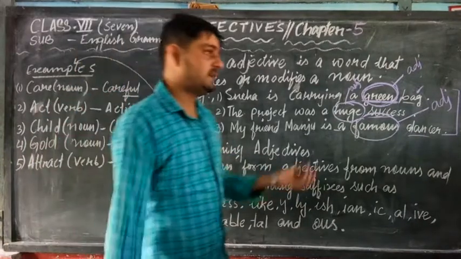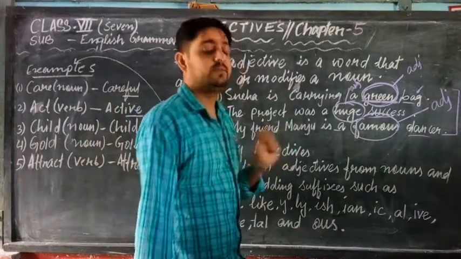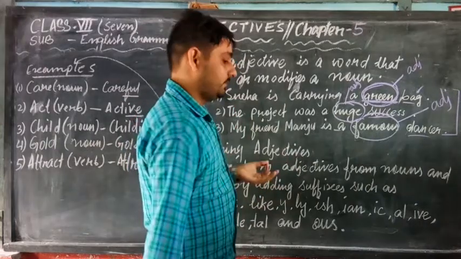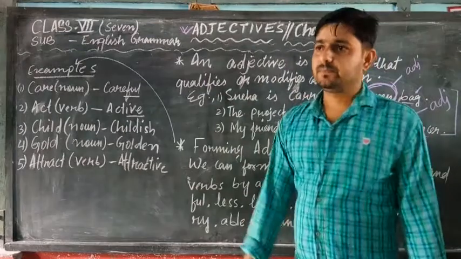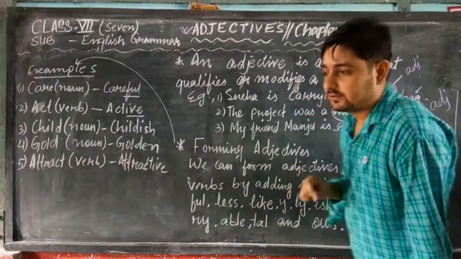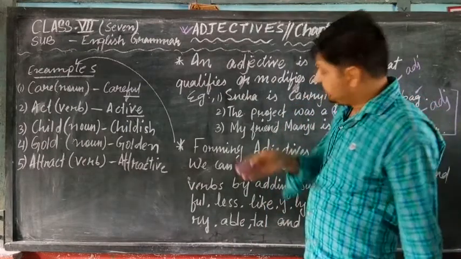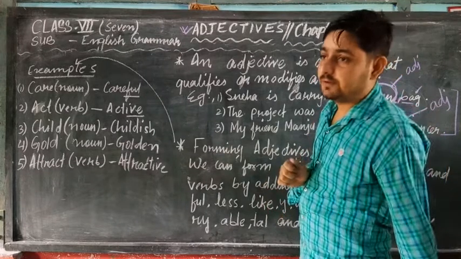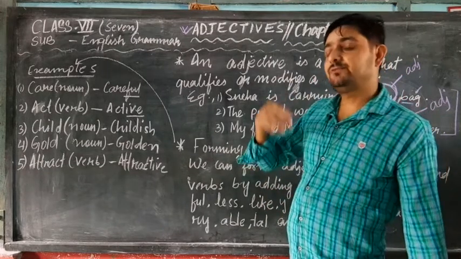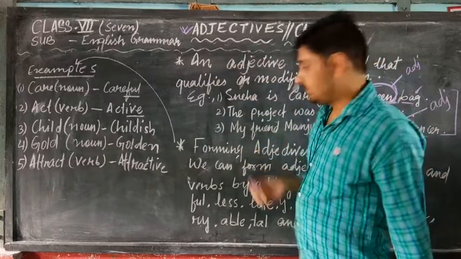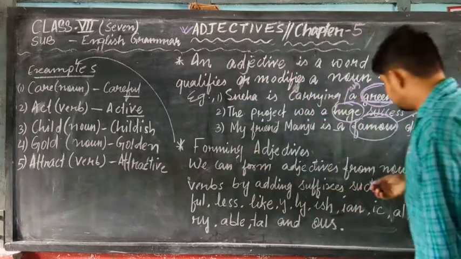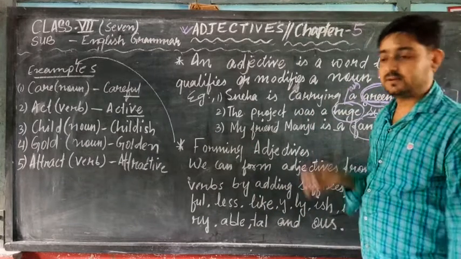In the previous class I told you about the suffix and the prefix. The letters we use before a word are called the prefix, and the letters we use at the end of a word are called the suffix.